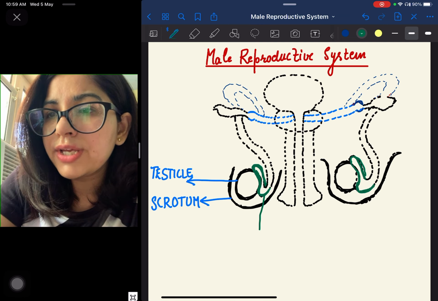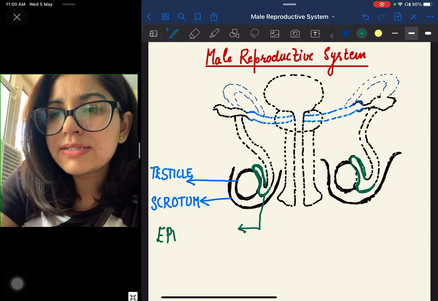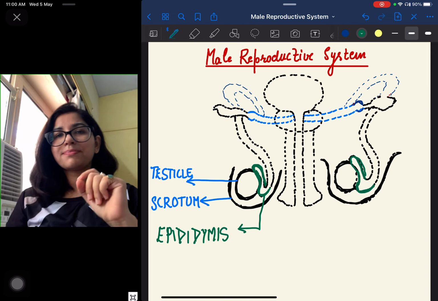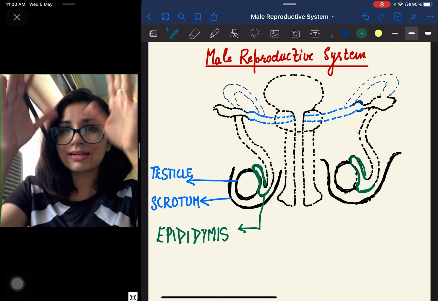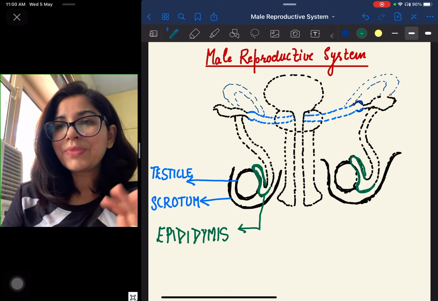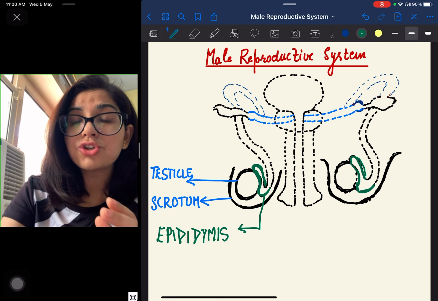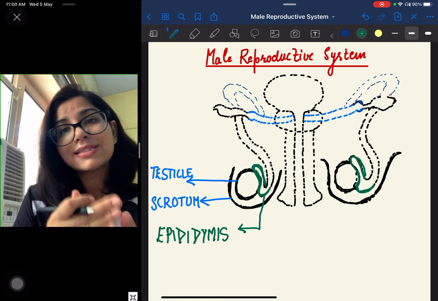So we are going to label this. This is epididymis. Please bear with my handwriting because it is very tough to write in the transverse position, right? So epididymis is done, where the storage of sperms happens, maturation of sperms takes place.